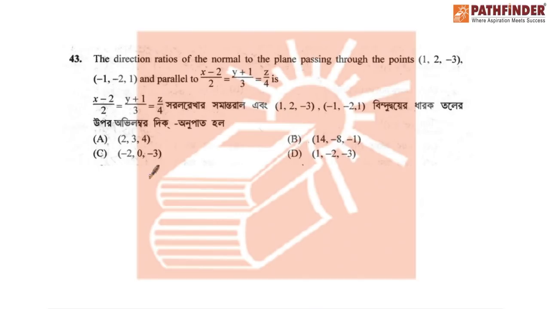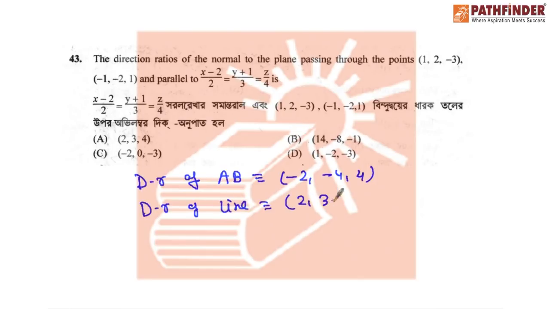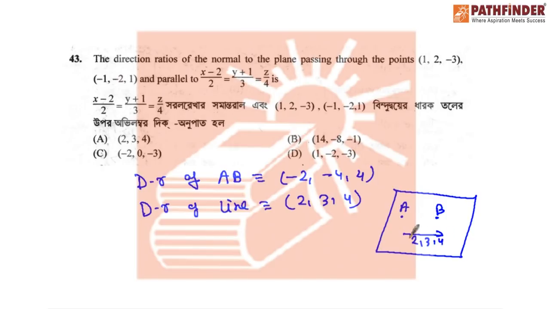So direction ratio of AB is minus 2, minus 4, 4, and direction ratio of the line is 2, 3, 4. We have a plane here. There are 2 points A and B. Coordinates of A and B are given to us, and a line whose direction ratio is 2, 3 and 4.